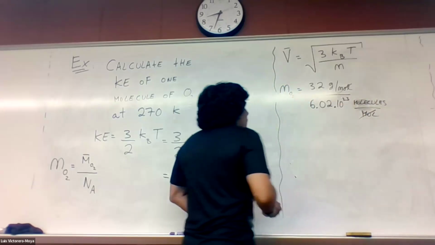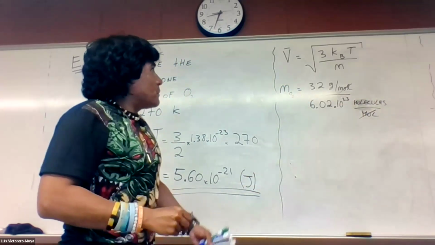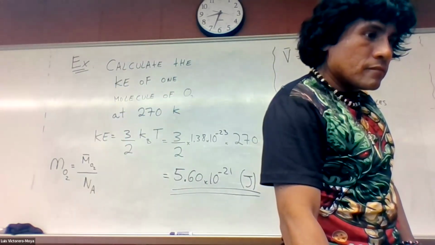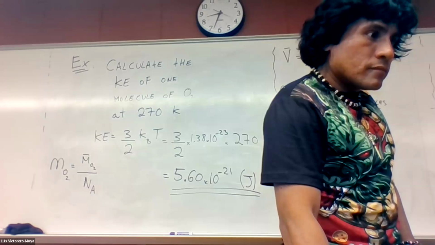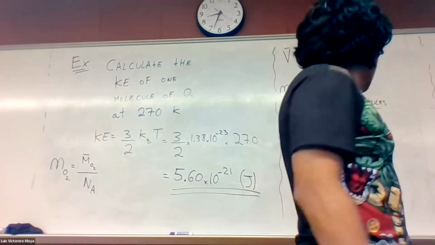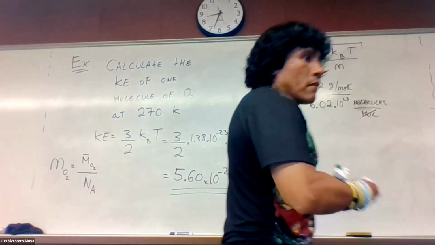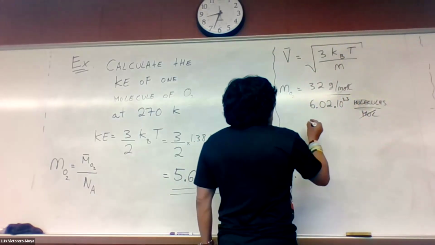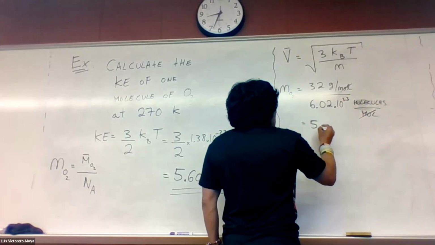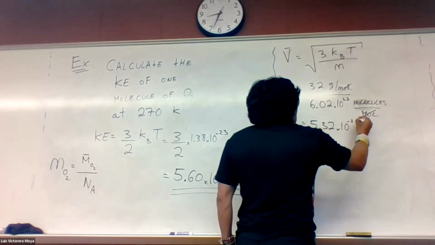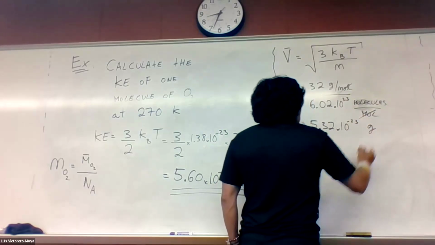The mole will cancel, and then we have the small value of that, 5.32 times 10 to the negative 23 grams.